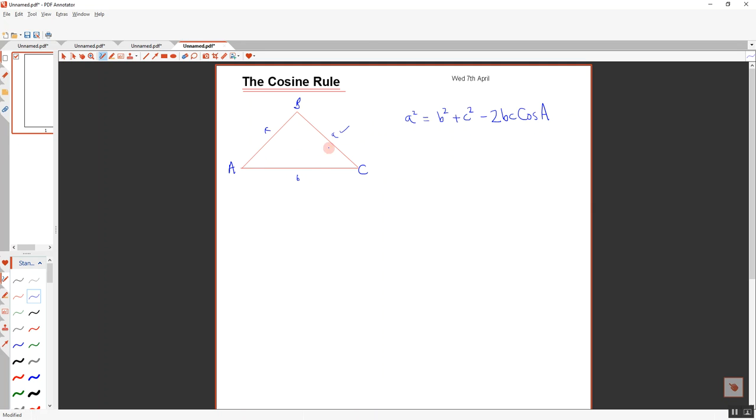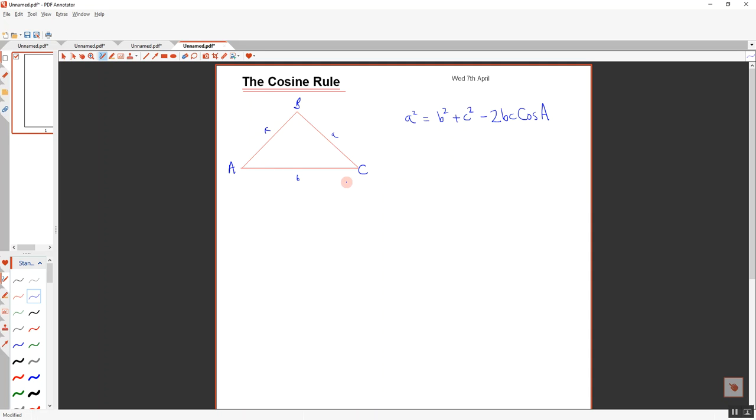Okay, so remember we use the lowercase letters for the side lengths and we use the uppercase letters for the angles. So remember, if you want to find a side, all you need is the other two sides and the angle in between them. So if I want to find side a, I need to know this side, and the angle in between.